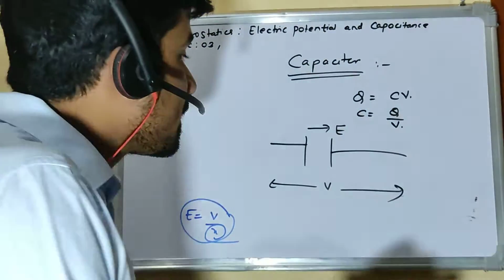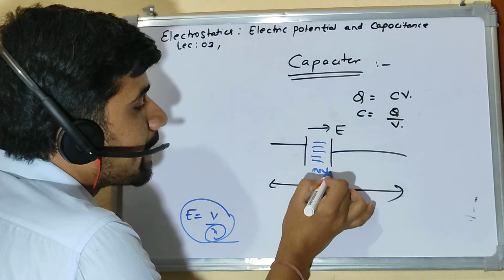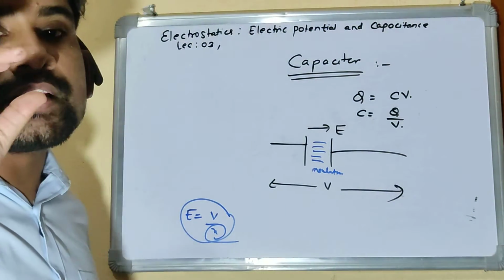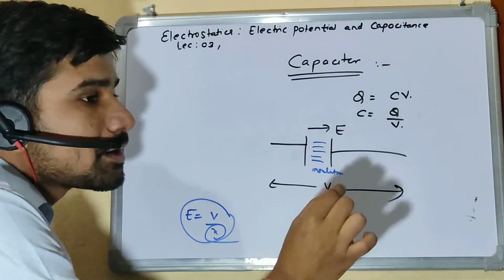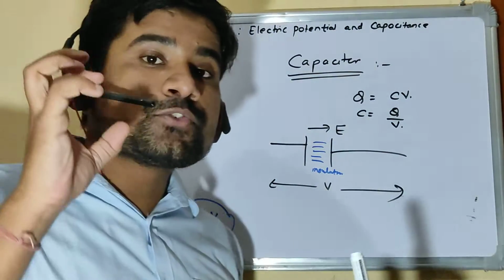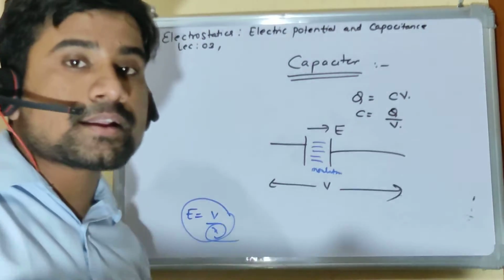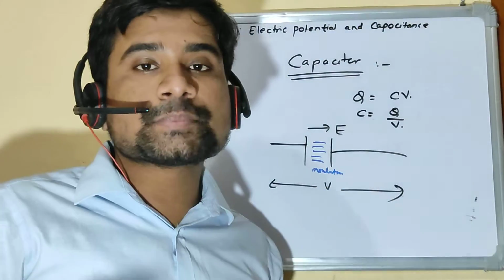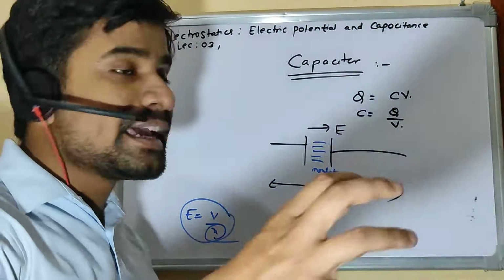So what is the possibility here? We have a dielectric or insulator in between. If the electric field is very high, there is a high chance that it will ionize the nearby insulator. Since the magnitude of the field is very high, it will bring out electrons even from a dielectric or insulator, and it will ionize the medium in between. This phenomenon is called dielectric breakdown.